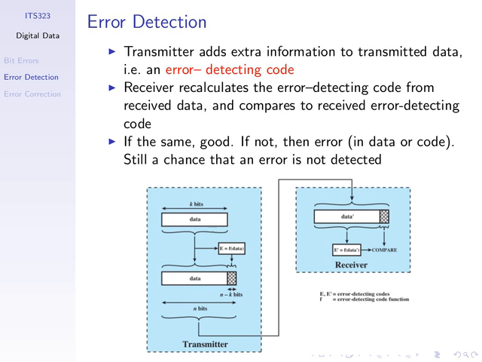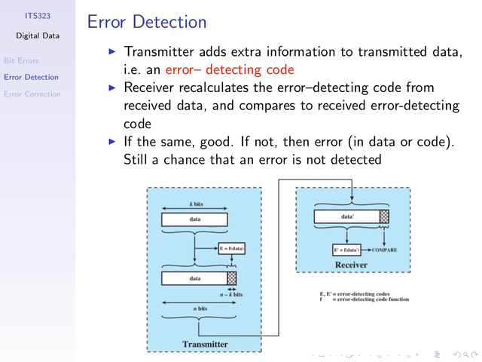Some extra information. With the aim that the receiver receives both the data and the error detecting code. If it's designed in a good way, the receiver should be able to detect if there are any errors in the data. That's the objective, detect errors. If there are no errors detected, we will assume that everything's okay.